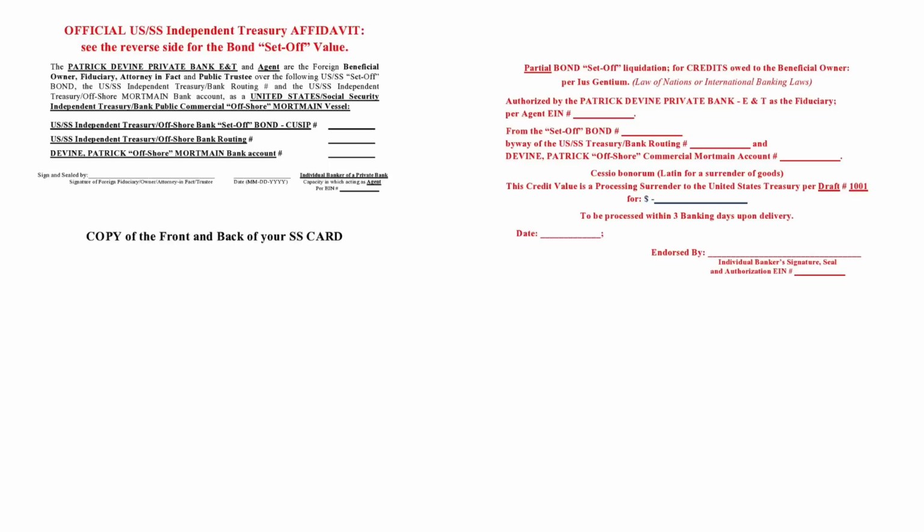Now, the number on the back of your Social Security card is a bond number. That is a CUSIP number. For a bond, your account is bonded by both the Federal Reserve Bank and the FDIC.